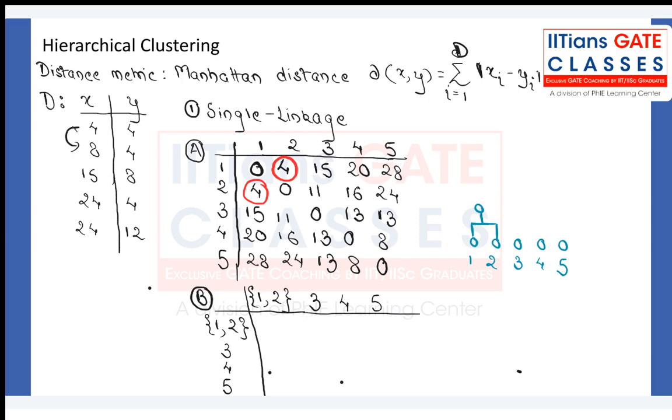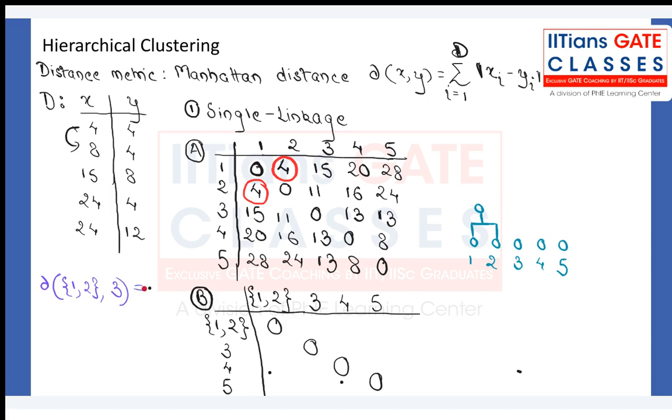Now the distance between 1,2 and 1,2 is 0, between 3 and 3 is 0, 4 and 4 is 0, and 5 and 5 is 0. Now here's where the game of single linkage comes into play. What is the distance of the cluster 1,2 to 3?